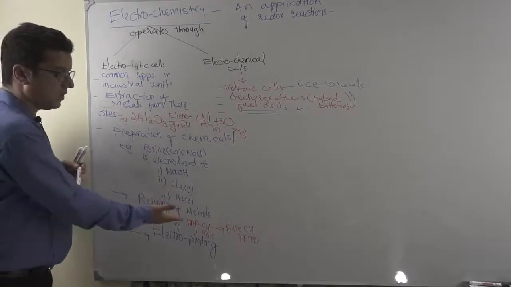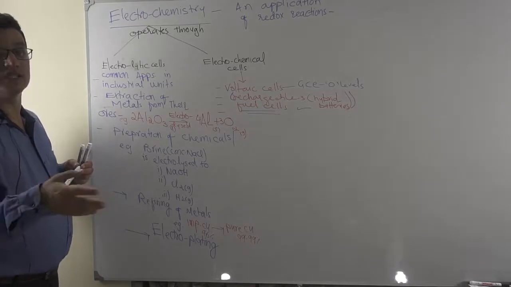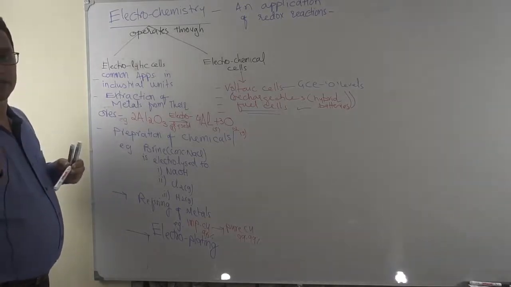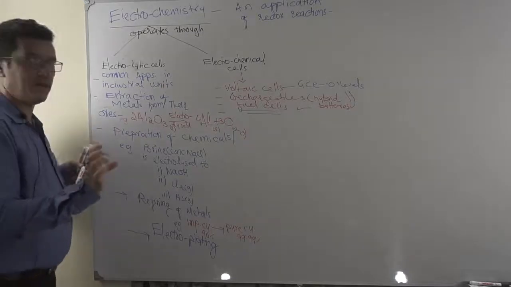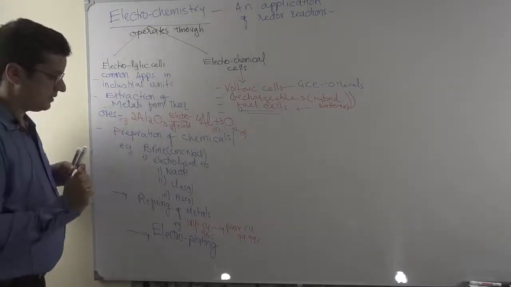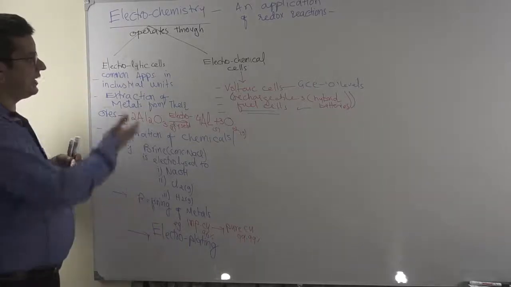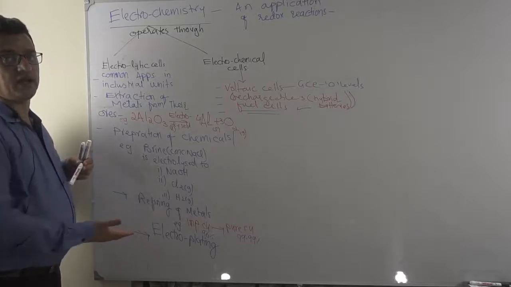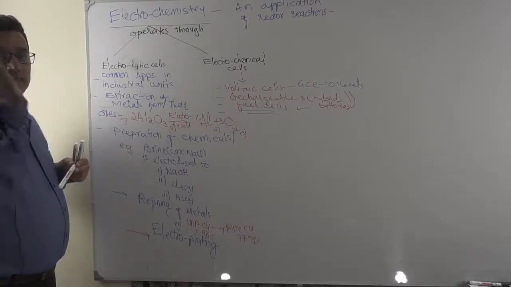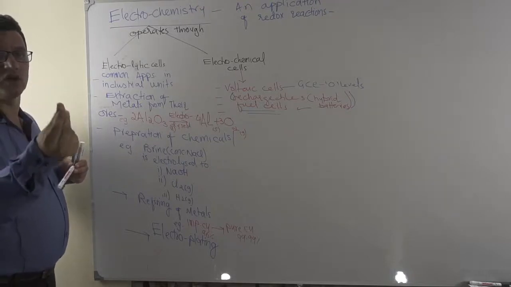Like impure copper, 96% may be good for making cooking utensils, but it's not good for electrical conductivity because the impurity causes resistance to the electron flow, and that will create damage. Electroplating, another very useful application of electrolytic cells, is that many inferior objects can be electroplated with superior metals, like gold, nickel, copper.